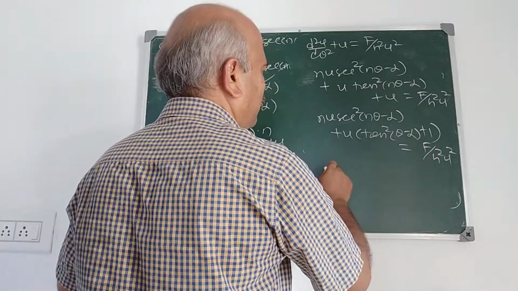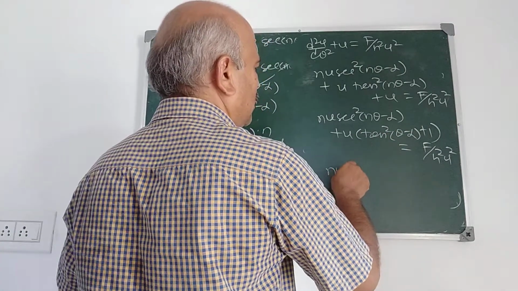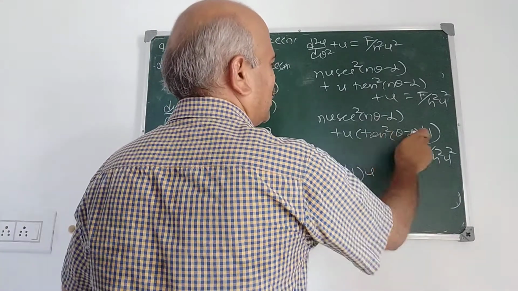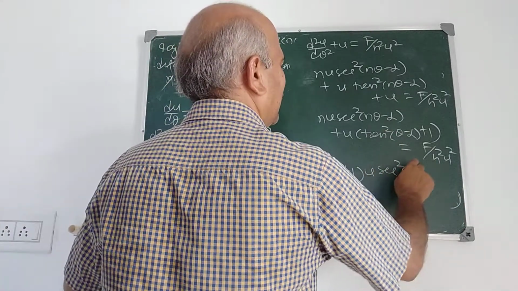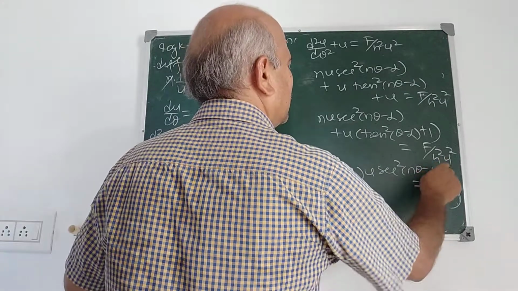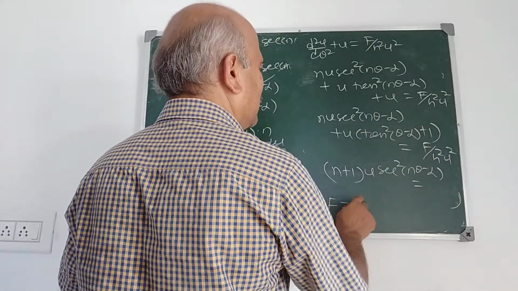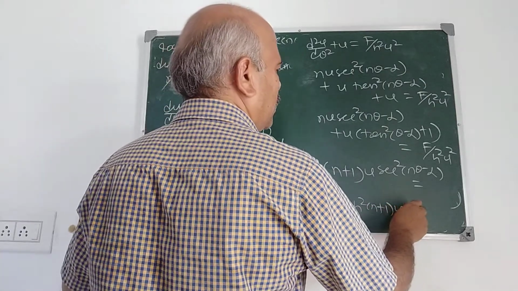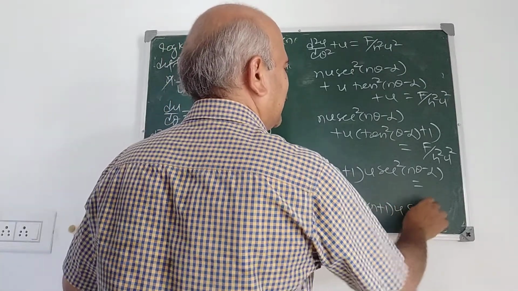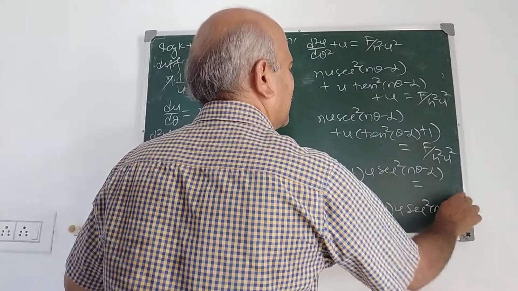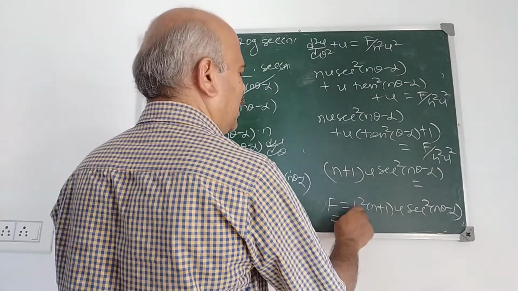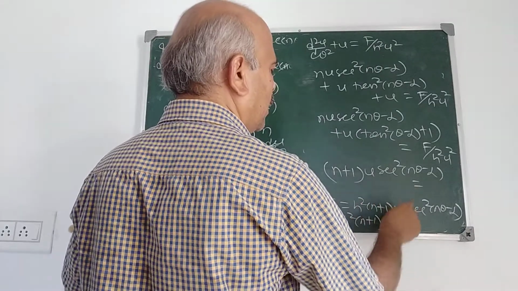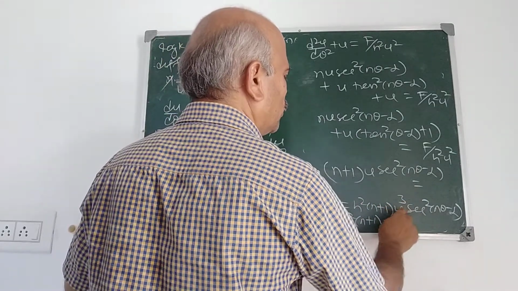What is this? Nu plus u, that is n plus 1 u, and 1 plus tan square is secant square n theta minus alpha, is equal to this. So F is h square n plus 1 into u into secant square n theta minus alpha, into u square, therefore u cube.